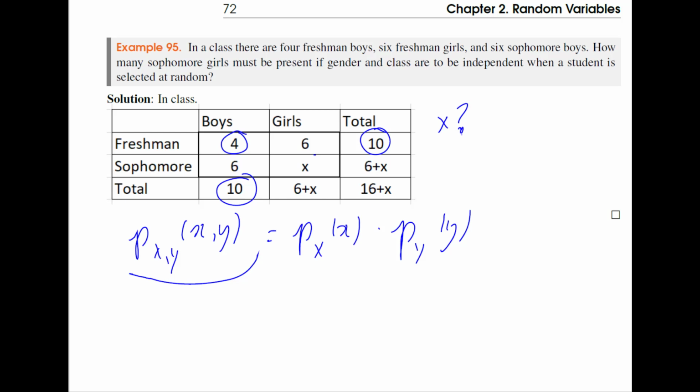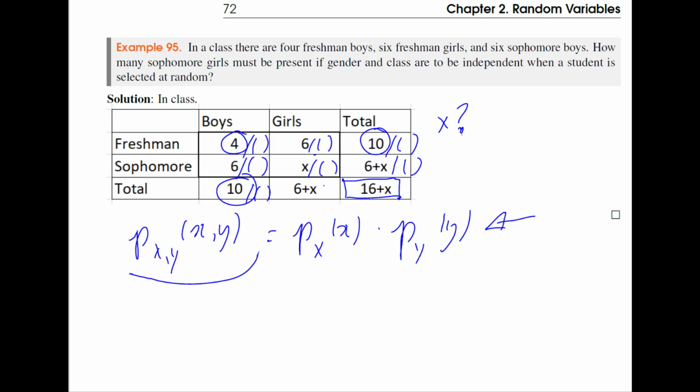Now, if these are to be probabilities, right now they're just counts, but obviously this equation needs probabilities. So the way we do it is we divide by the total sample. If every number we divide by 16 plus x, which is what the parentheses should be there, we have probabilities, and you need to do it everywhere.